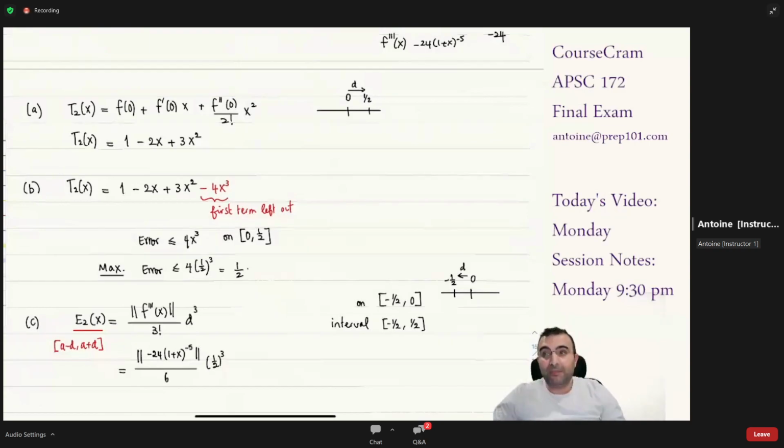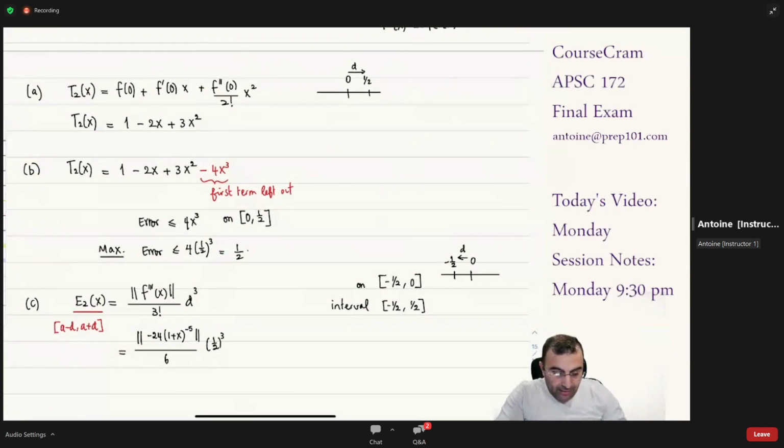So ladies and gentlemen, what is the largest value? Again, forget about the minus. We don't care about the minus. We have 24 over 1 plus x to the 5, and we're looking on this interval. So what is the biggest value that we can achieve? Since we are dividing by 1 plus x to the 5, we want this to be as small as possible. So we get the maximum when x is equal to minus 1/2.